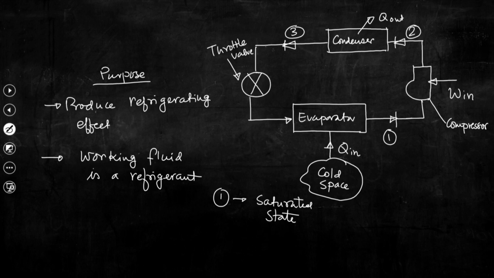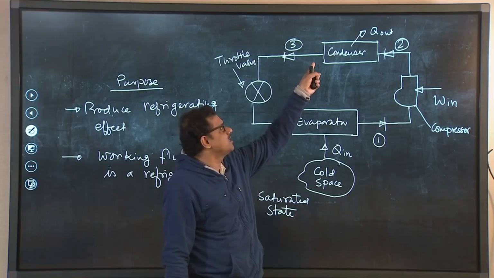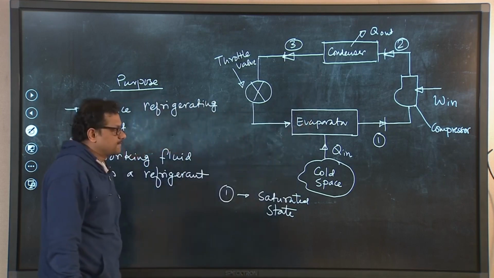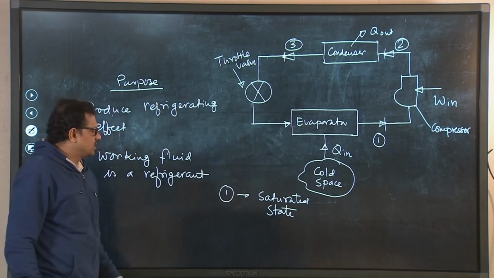While the refrigerant is passing through this throttle valve, it will expand, and this is a very fast process, the pressure will decrease, and the purpose of providing this throttle valve in this circuit is to reduce the pressure of the refrigerant from condenser pressure to the evaporator pressure. So, this is the circuit.